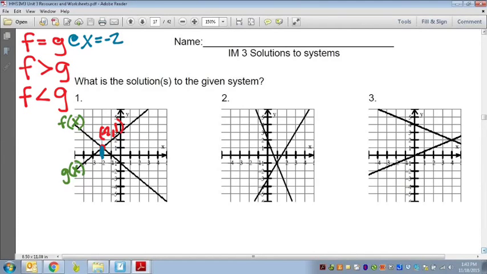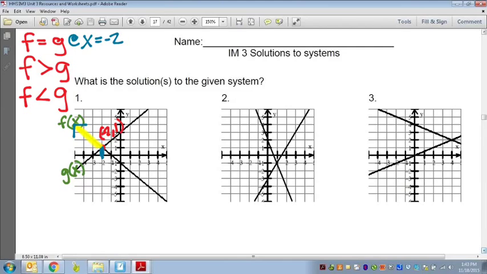All right, so for the second one, where is f greater than g? Okay, so f is greater than g, meaning where is f of x above g of x? Well, it's going to be all this area right here, right? What I'm putting there in yellow. So all that is where f of x is greater than g of x, meaning it's above. All right, and now if these are truly lines, that means they keep going infinitely in both directions.